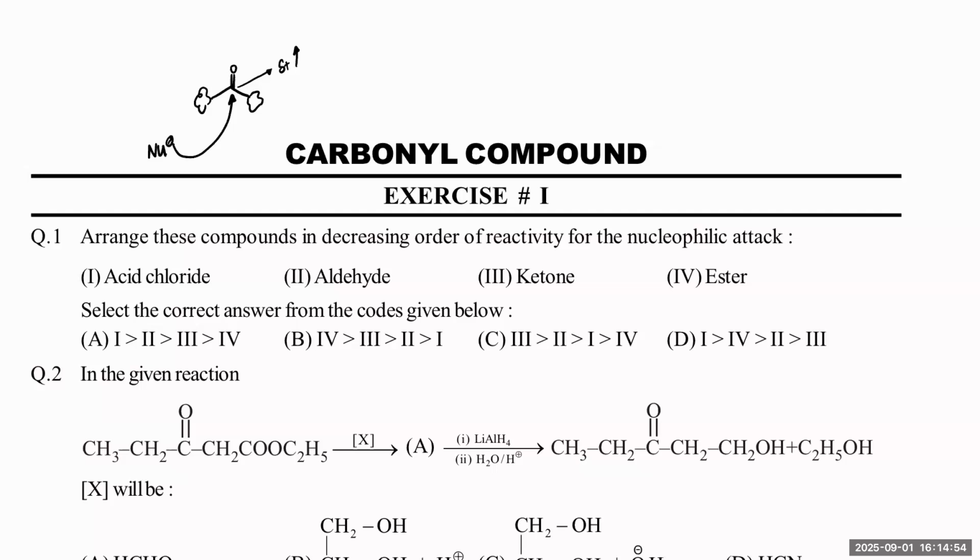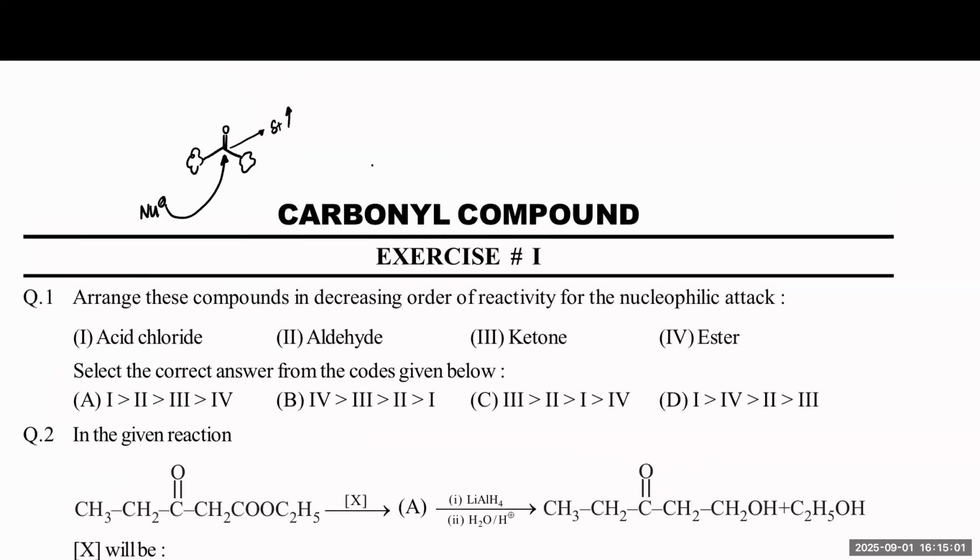Now, if you compare these four groups, which one has the highest delta positive? Notice this one: acid chloride, in which chlorine is withdrawing. Because of the withdrawing nature, delta positive will be more. While aldehyde does not have any effect, ketone will have some amount of plus I effect as well as some bulkiness.